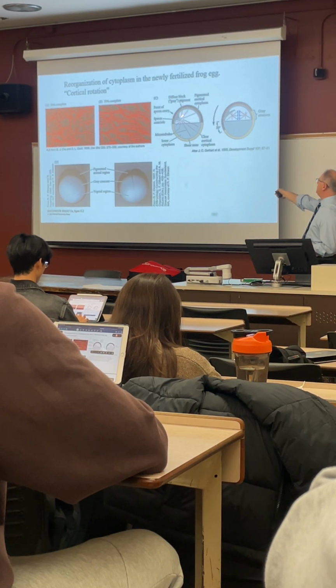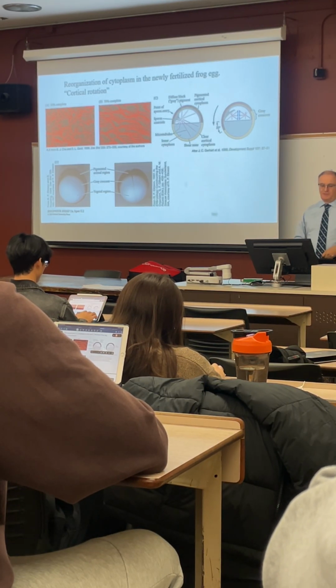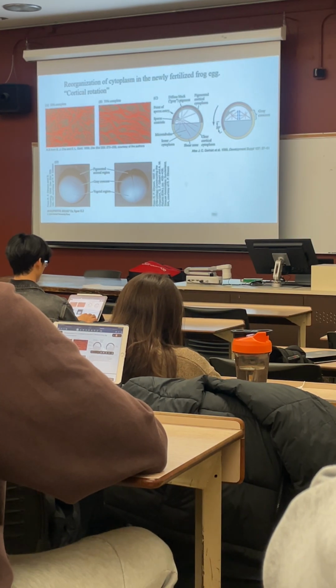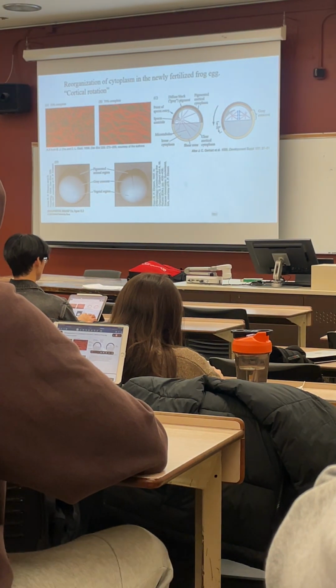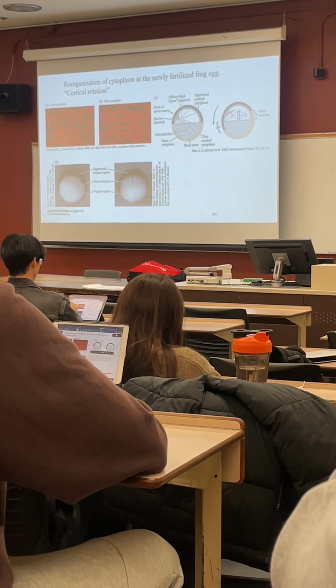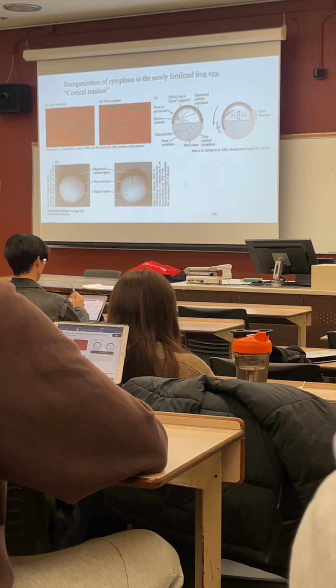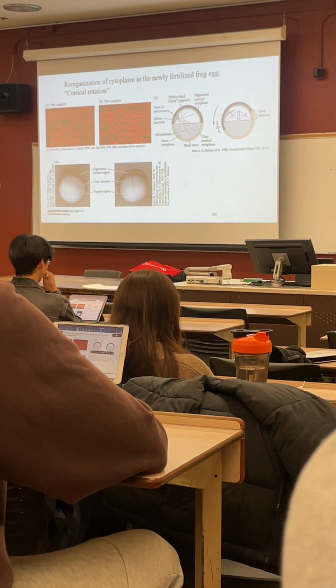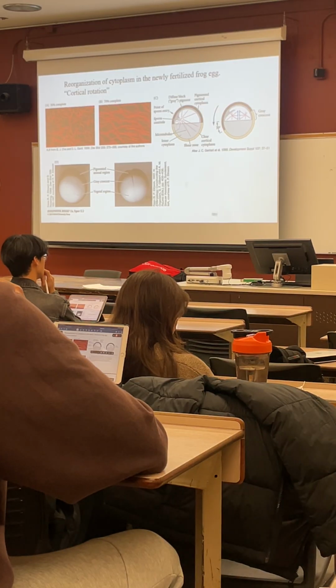They're not really showing you that well here, so I'm going to try to draw that a little bit better over here. All right, so you have an egg. The outside is a little bit different. It's called the cortex.